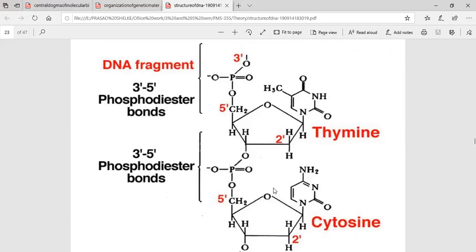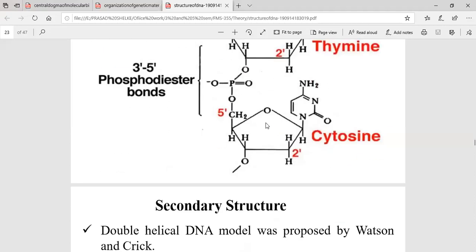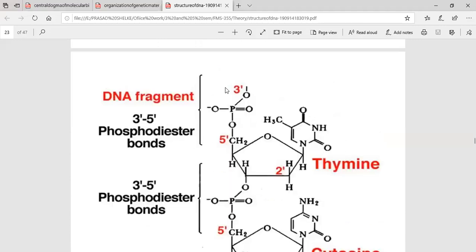Okay, 3 prime, 5 prime. So it started from 3 prime OH, from here to this side 5 prime. You can see in red that 3 prime to 5 prime orientation is there.